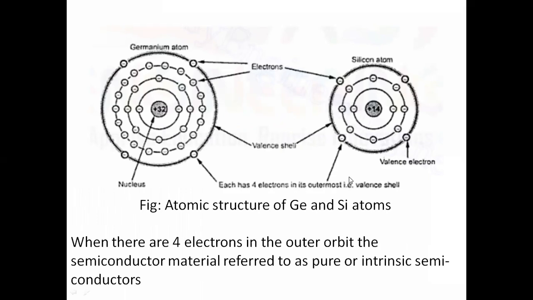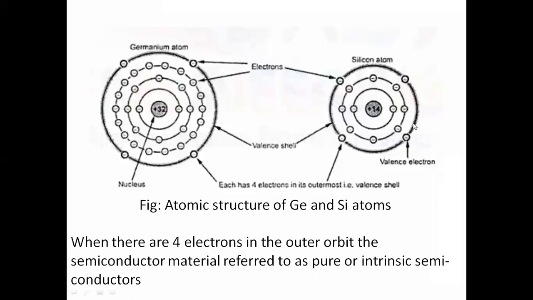If you observe the atomic structure of silicon and germanium, the atomic number, I think you know, is 14 for silicon and 32 for germanium. If you consider the placement of the electrons, from the inner shell coming to the outer shell, we have 4 electrons at the outer shell.